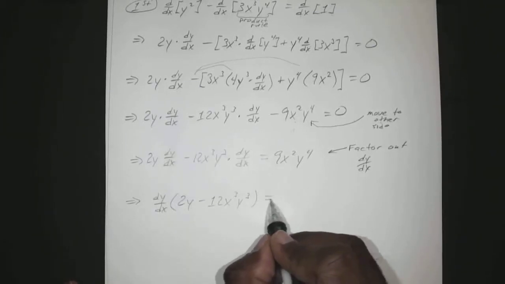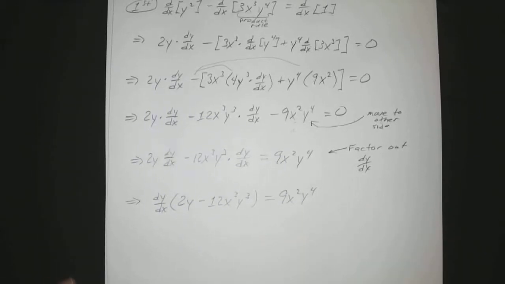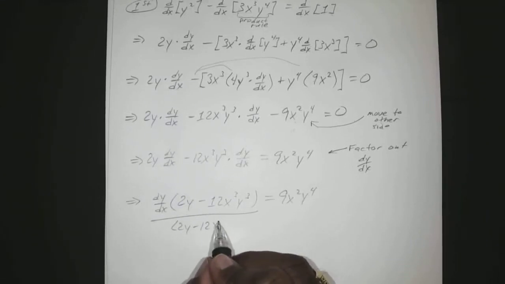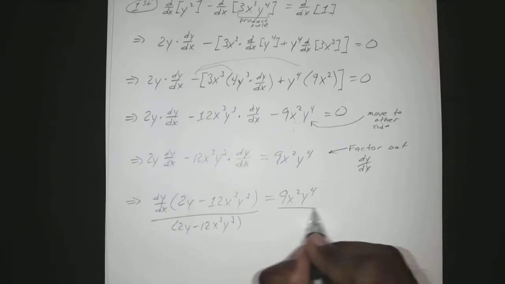Okay, that equals 9x squared y to the fourth. Okay, so now if we just divide both sides by 2y minus 12x to the third y to the third, sorry.